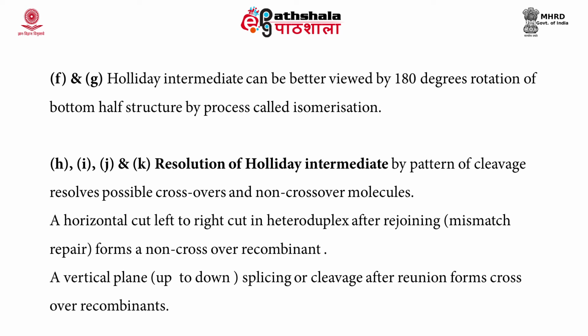Through a horizontal cut left to right in heteroduplex after rejoining, the mismatch repair forms a non-crossover recombinant, while a vertical plane, that is up to down splicing or cleavage after reunion, forms crossover recombinants.